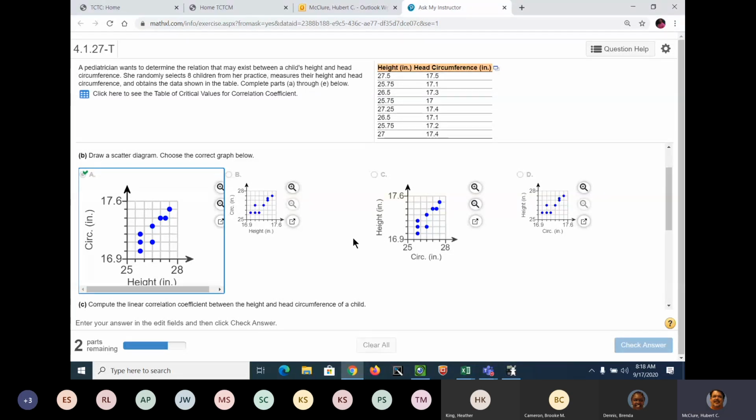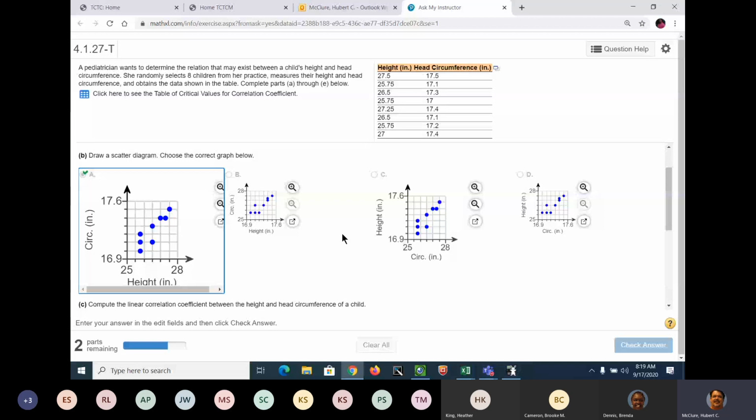So that's why, see, head circumference. Head circumference basically is your y-axis. Your height is your x-axis. And this is backwards. Thank you, Miss Cameron. You're welcome.